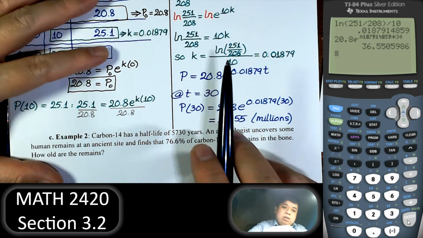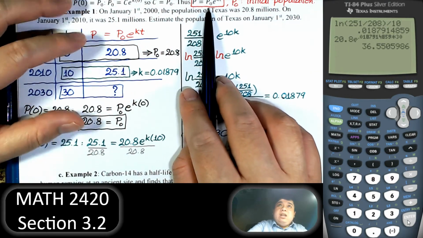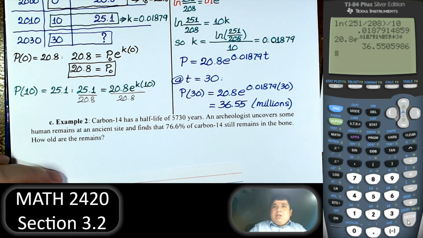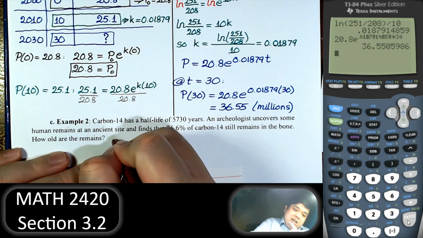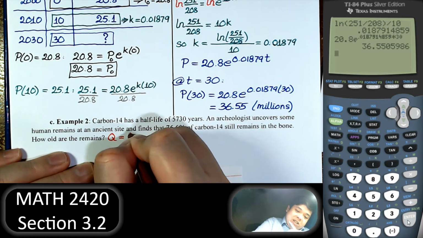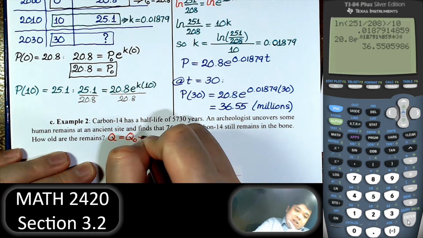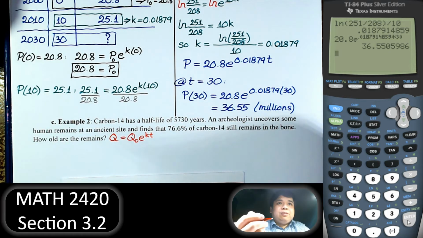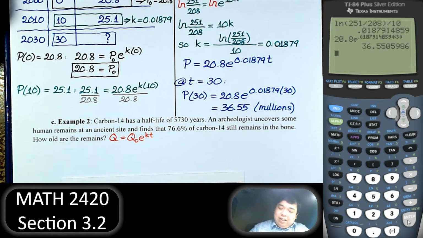The same formula, P equal to P naught e to the kt. But in chemistry, sometimes instead of P, they use Q, which stands for quantity, I guess. Q equals Q naught e to the kt. Same model. Of course, initially there will be Q naught.